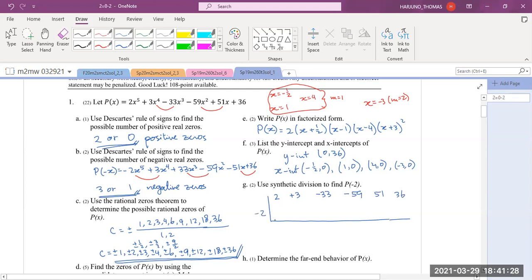I need negative 2 here. That's negative 58. So P(negative 2) is negative 58.